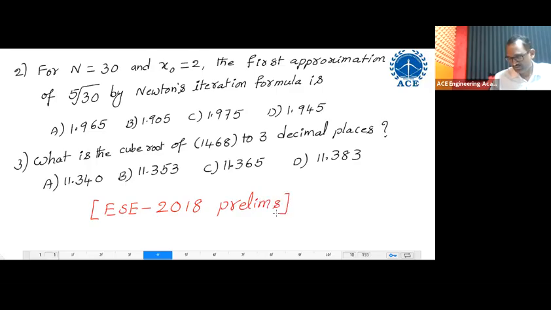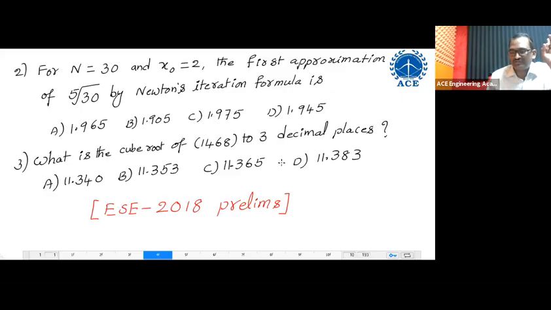Listen to me. Regarding numerical methods, the initial approximation value must be given. Whenever the initial approximation is not given, please look at the options. All options are lying between 11 and 12.